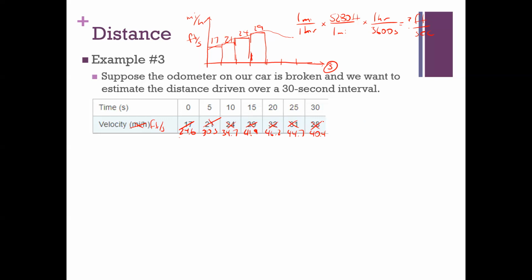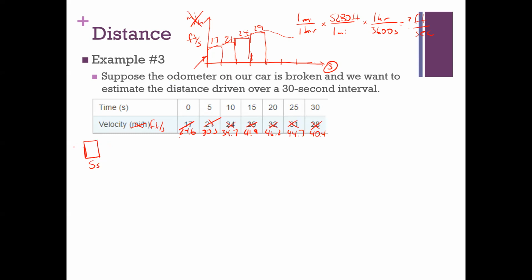So now we've transformed miles per hour to feet per second. Now if I were to take this area, what kind of units would that give me? Let's just take the area of one of these rectangles. If I take this first rectangle and bring it down here, what is the base length of this rectangle? 5 seconds.